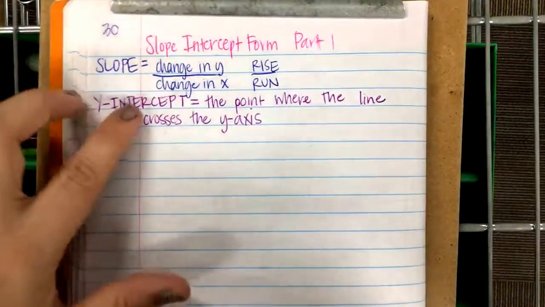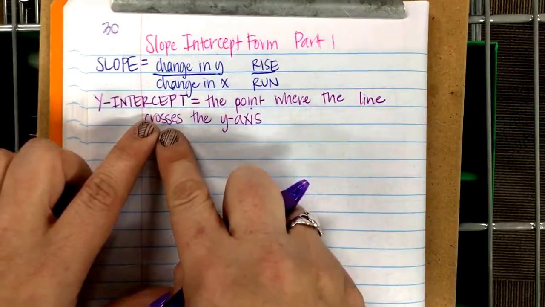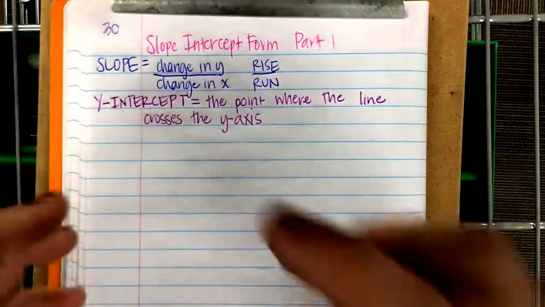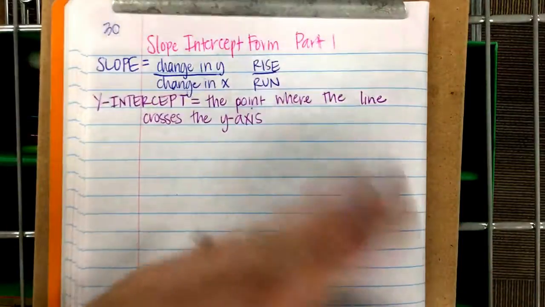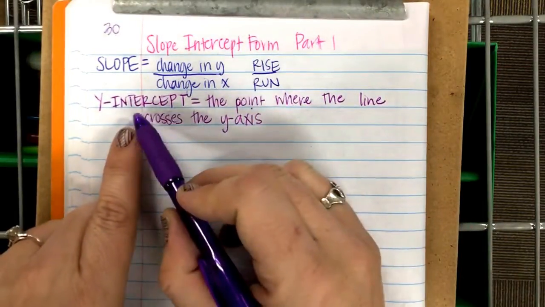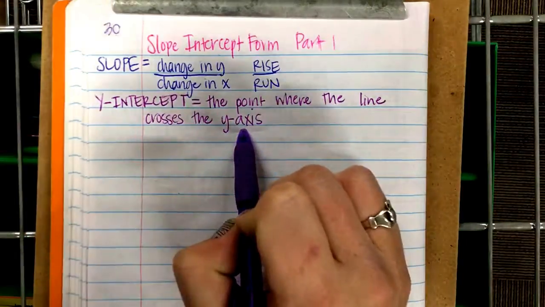So y-intercept, the y-axis, and intercept means to cross. So we're going to have this line with a slope. It's going to be steep or less steep, and it's going to cross the y-axis at one specific point.